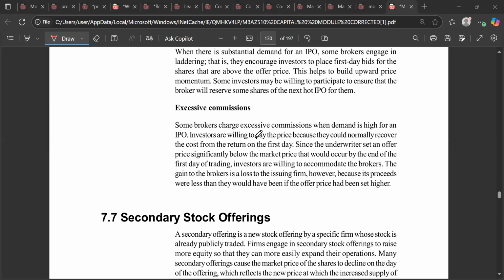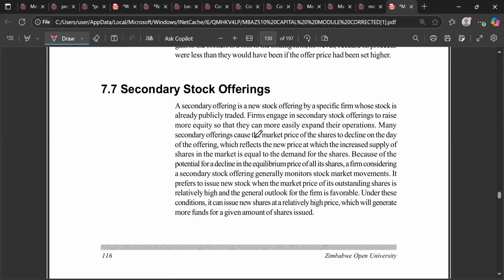Now, let's look at secondary stock offerings. A secondary offering is a new stock offering by a firm whose stock is already public. Firms with listed shares issue additional shares to raise more capital.